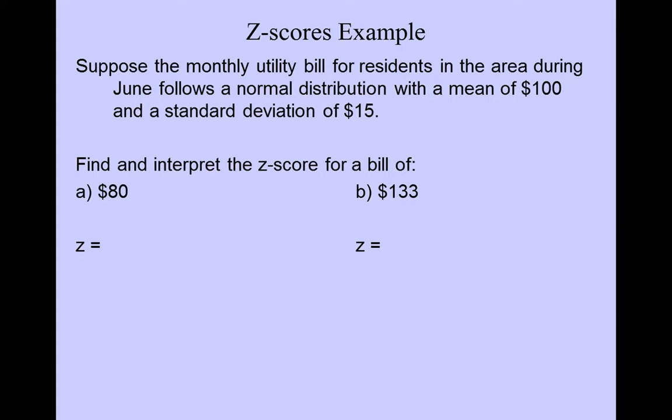Suppose the monthly utility bill for residents in the area during June follows a normal distribution with a mean of $100 and a standard deviation of $15. Find and interpret the z-score for a bill of A, $80, B, $133.